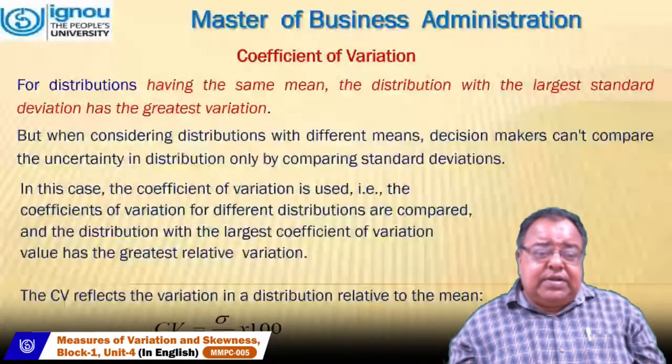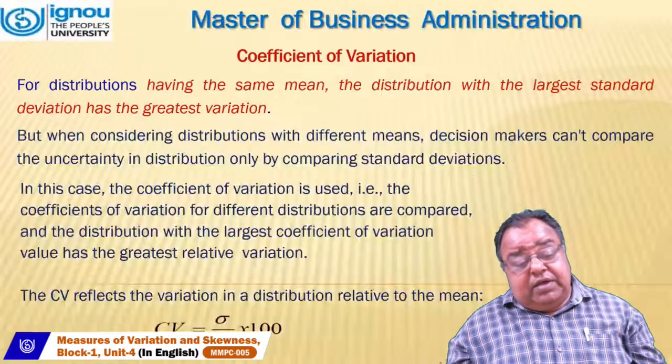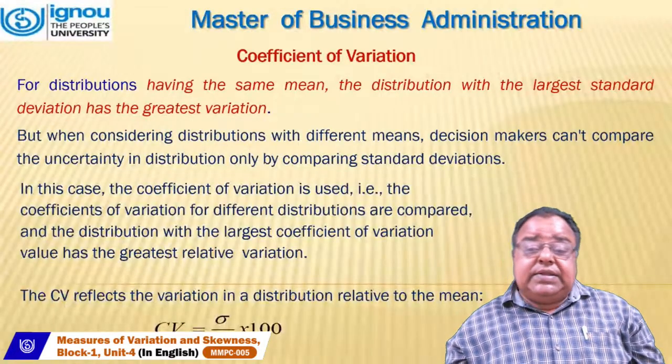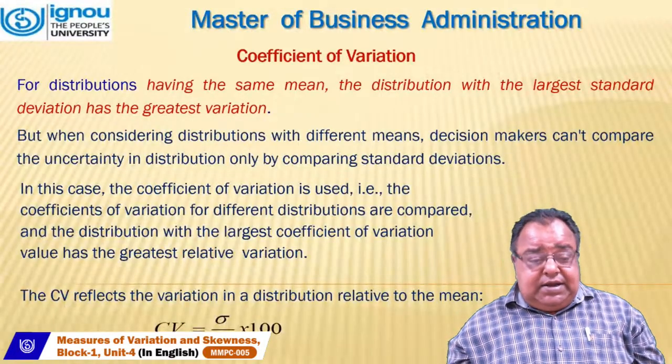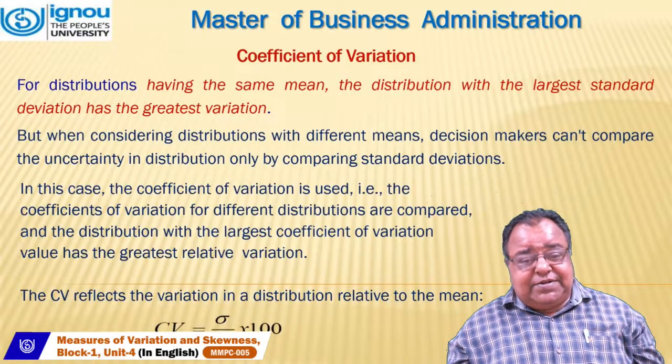The larger the standard deviation, the greater is the mean. But when considering distributions with different means, decision makers can't compare the uncertainty in distributions only by comparing standard deviations.